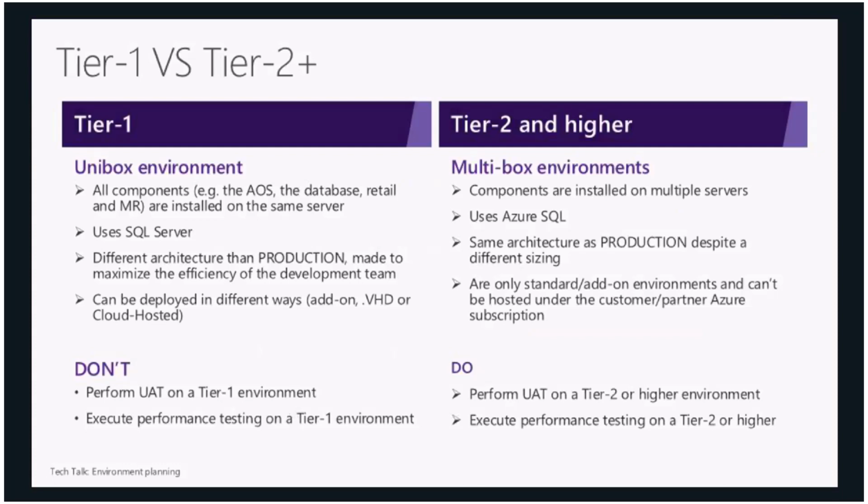So don't do UAT or performance testing on the Tier 1 environments. The other thing to note about those Tier 1 environments is that they can be deployed in different ways. It's what I was mentioning about the standard add-on, the VHD, or the cloud-hosted deployment options. We'll cover that in a bit.